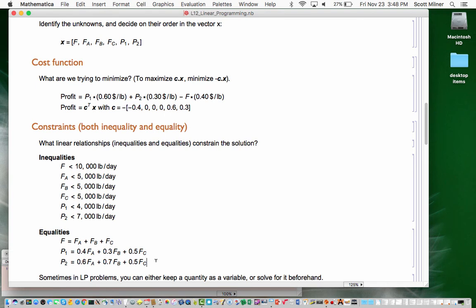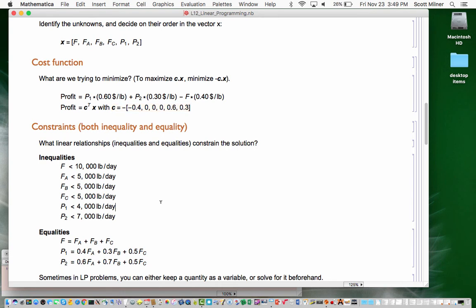Now we could have not taken f as a variable, and then we would have had not this equality, but we would have written this one here and said that fa plus fb plus fc was less than 10,000, and then the profitability vector would have had a 0.4 times fa plus fb plus fc, so each of these three values would have had a 0.4, and there wouldn't be a first value, and that's a choice.